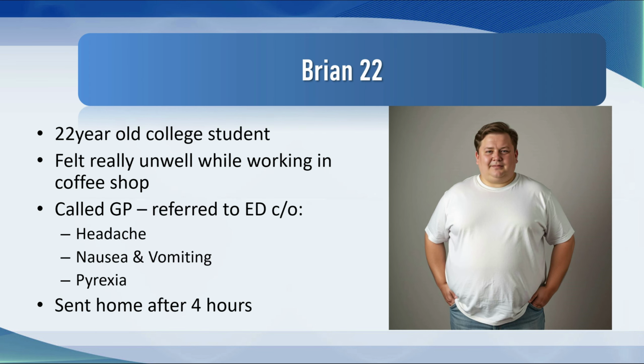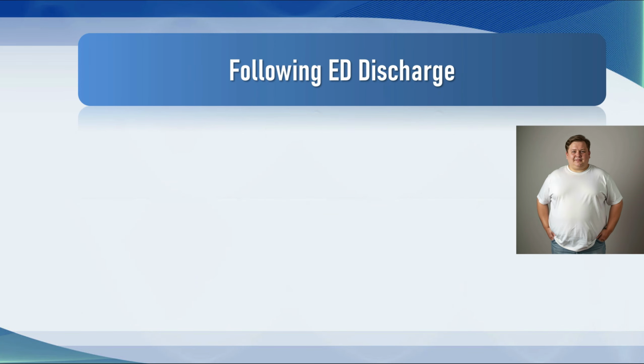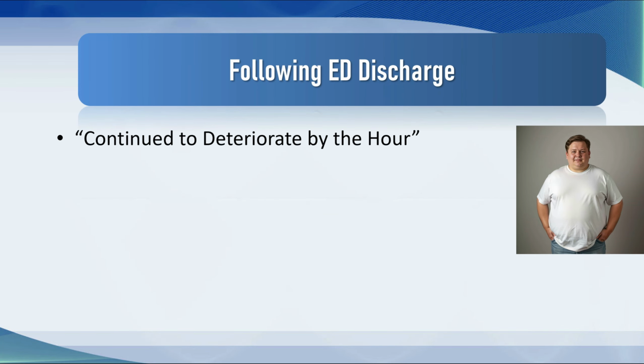Brian is a 22-year-old college student who felt unwell while working in a coffee shop. He called his GP and he was referred to the emergency department complaining of headache, nausea and vomiting, and pyrexia. He was sent home after 4 hours. Following discharge from the ED, he continued to deteriorate by the hour.